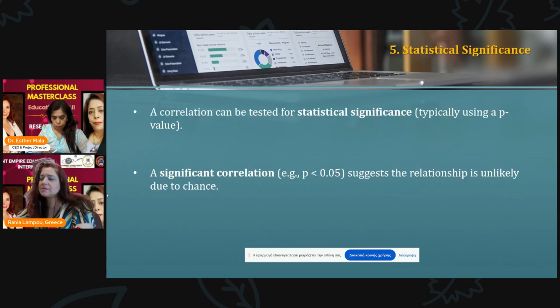Statistical significance: I think the most important key takeaway for today is that a correlation can be tested for statistical significance, typically using a p-value. A significant correlation suggests that the relationship is unlikely due to chance.